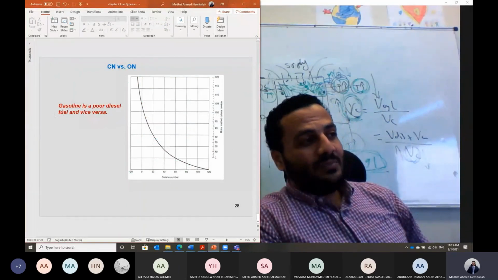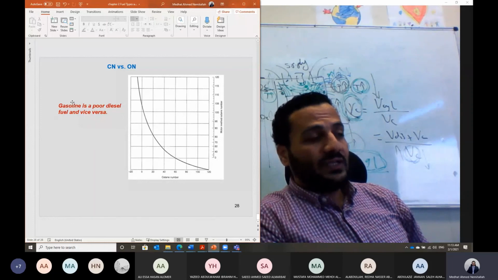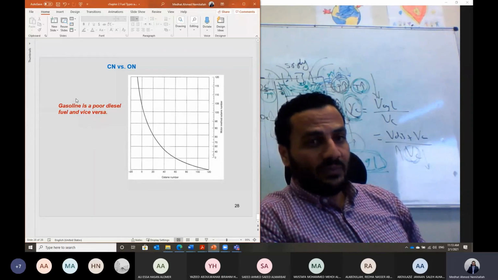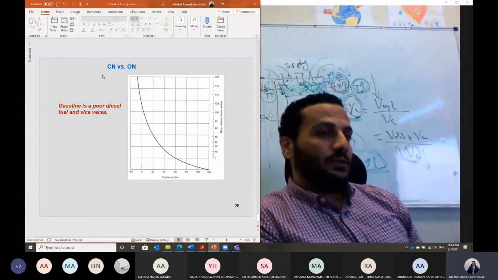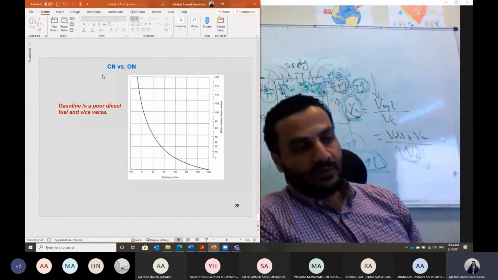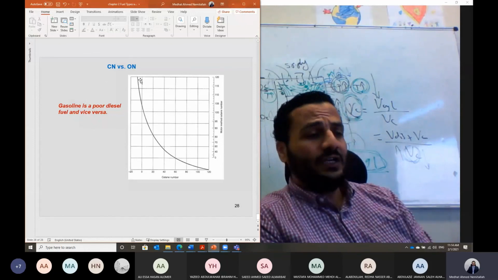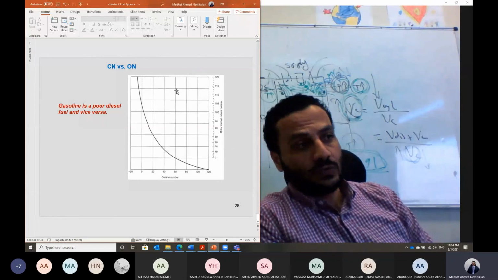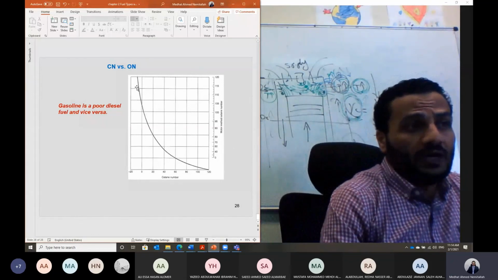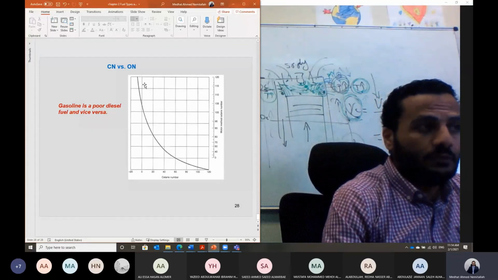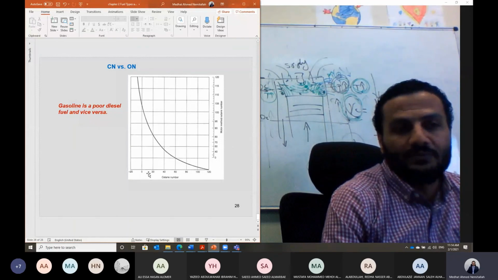As I told you, gasoline fuel is a poor diesel engine fuel. If we use a gasoline fuel of higher octane number, that means it is resisting self-ignition. If I use it in a diesel engine, it will have a lower cetane number, and that means the fuel will be resisting self-ignition. And vice versa, if we use the diesel fuel in a gasoline engine. If you look here, a fuel of higher octane number means the fuel has a lower cetane number.